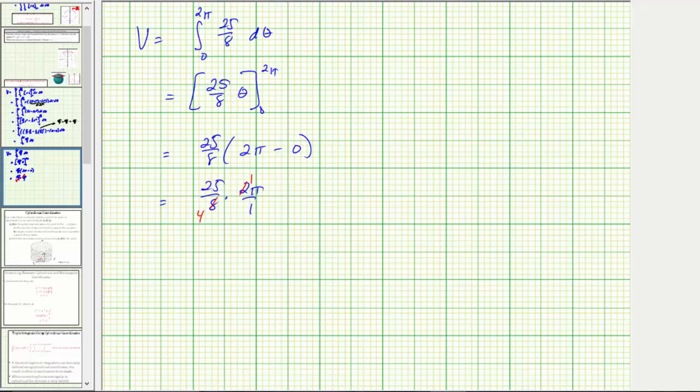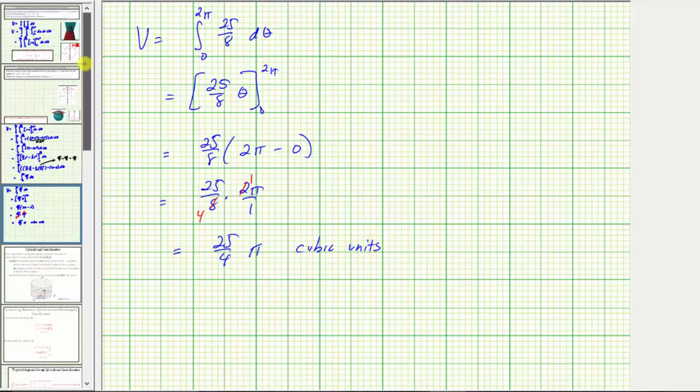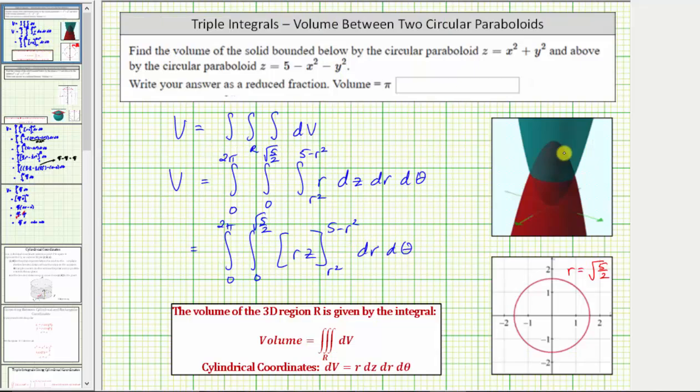The exact volume is 25 fourths pi, and because it's volume, this would be cubic units. So this is the exact volume of the solid bounded by these two paraboloids. Looking back at the homework though, notice how there's already a pi here, so we only enter 25 fourths. I hope you found this helpful.